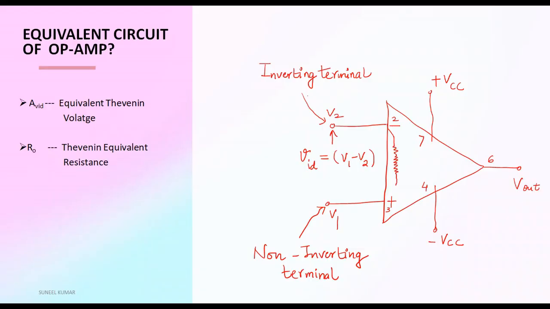So this is the resistance, this is the input resistance Rin, and we have the output resistance, this resistance, Rout, and we will connect here a voltage source with plus and minus.